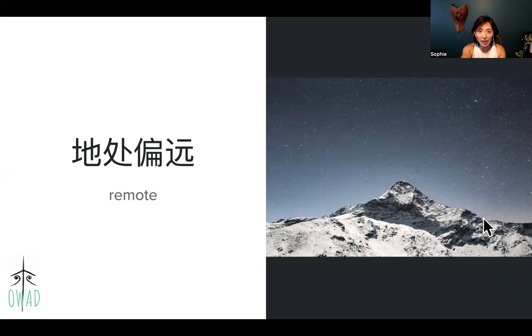It's uninhabited by people, but 地处偏远 in Chinese could mean just remote, far away from the central government or far away from big cities, like a low population, but it could be an inhabited place. Otherwise, we don't even need to create a word for that, right? If it's that far out of our sphere. So there you go, you have it, 地处偏远.